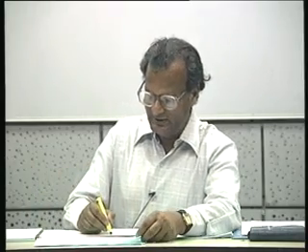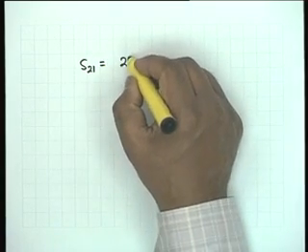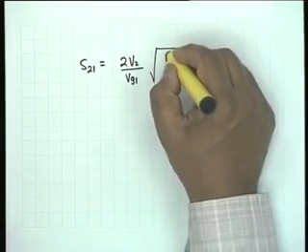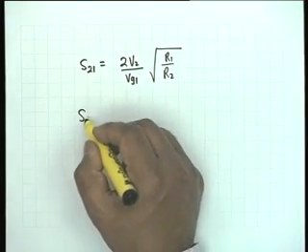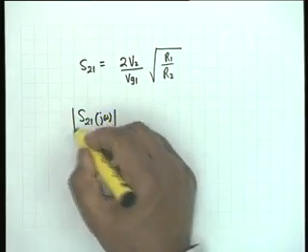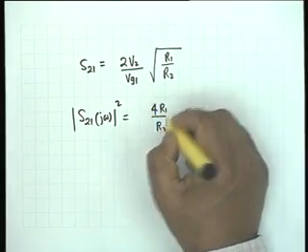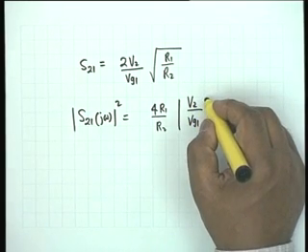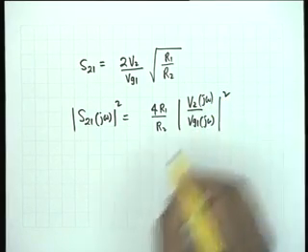All right. Now, to prove the theorem, all that we have to recall is that S21 is equal to twice V2 by Vg1 multiplied by square root of R1 divided by R2. We had established this relation. Therefore, |S21(jω)|² is equal to 4R1 by R2 and |V2 divided by Vg1|² at jω.